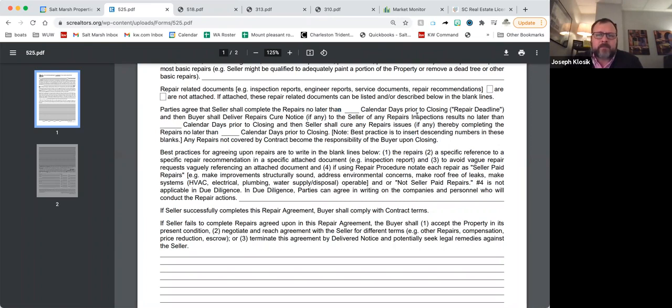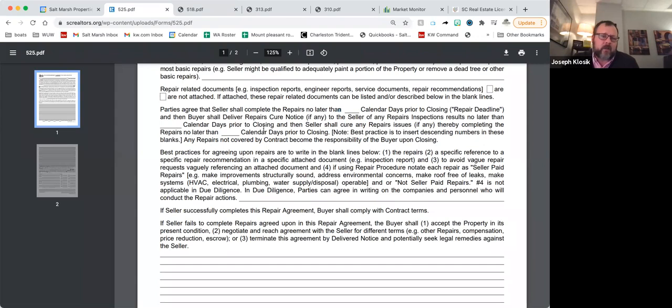Because then it says the buyer shall deliver a repair cure notice to the seller of any repair inspections no later than blank calendar days prior to closing, which is actually going to be fewer than the one above. They're saying they're going to need to be completed within 5 days, and then I'm going to give you, as a buyer, some notice that it needs to be done more properly within 4 days, and then you're just counting down.